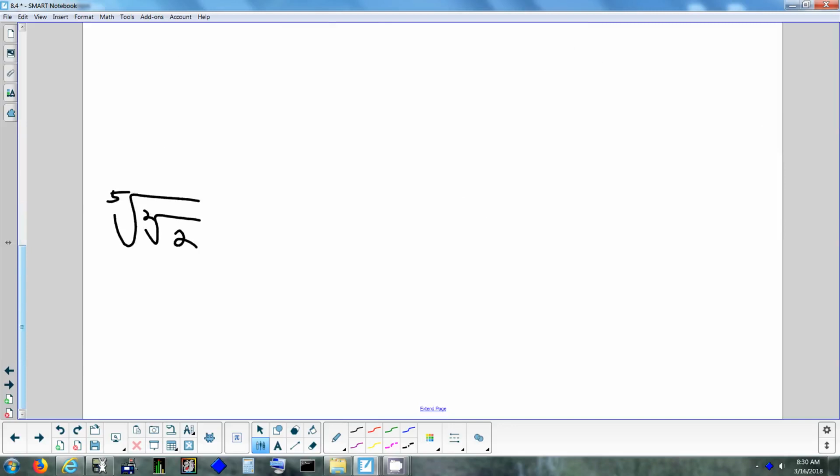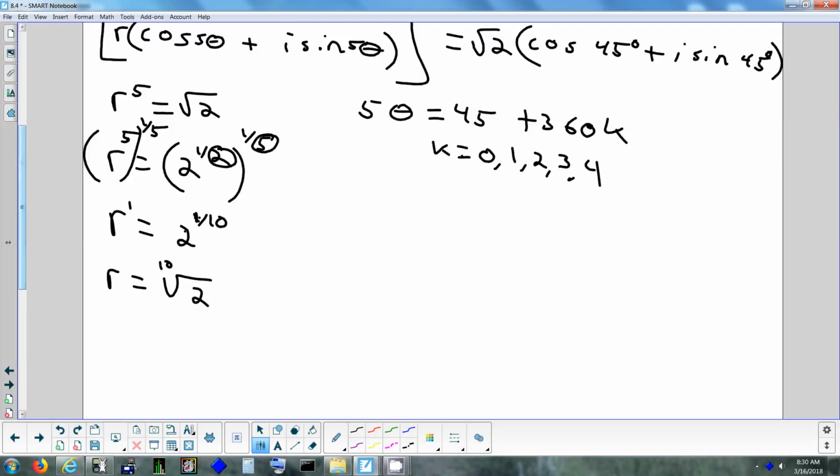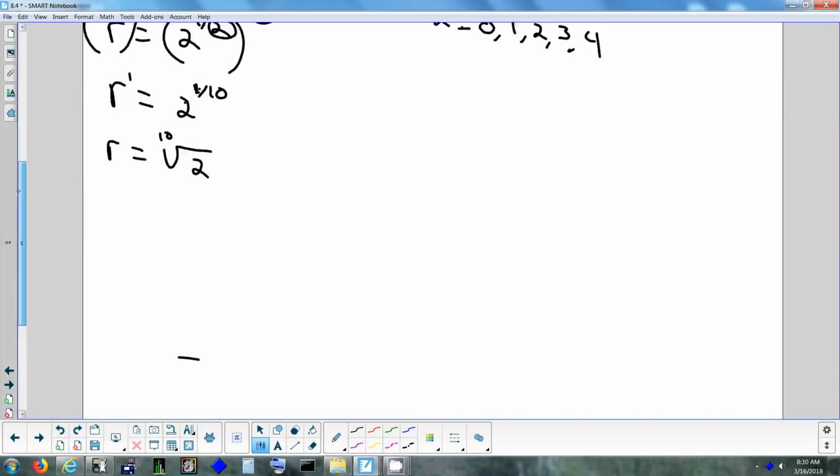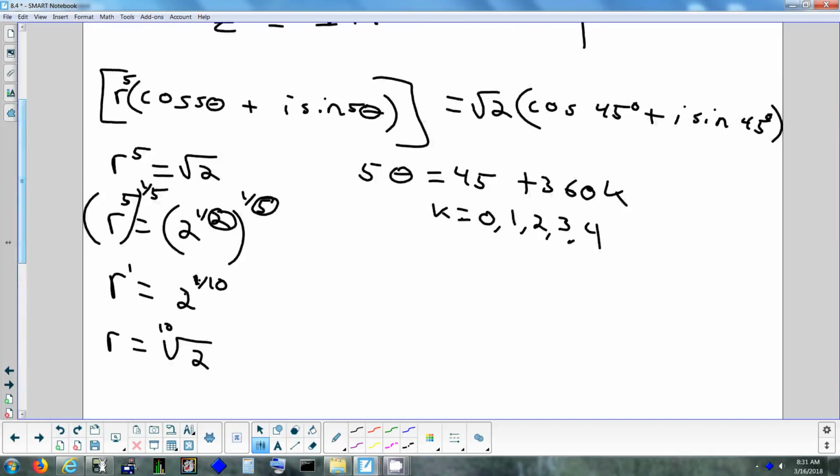But if you can think of it that way, that's even simpler. That's kind of like a shortcut, and this is the reason why the shortcut works. Like if you had the 8th root of the square root of 9, that should be the 16th root of 9. Yep. And the reason why, I just showed you. It has to do with power to a power, allowing you to multiply them together.